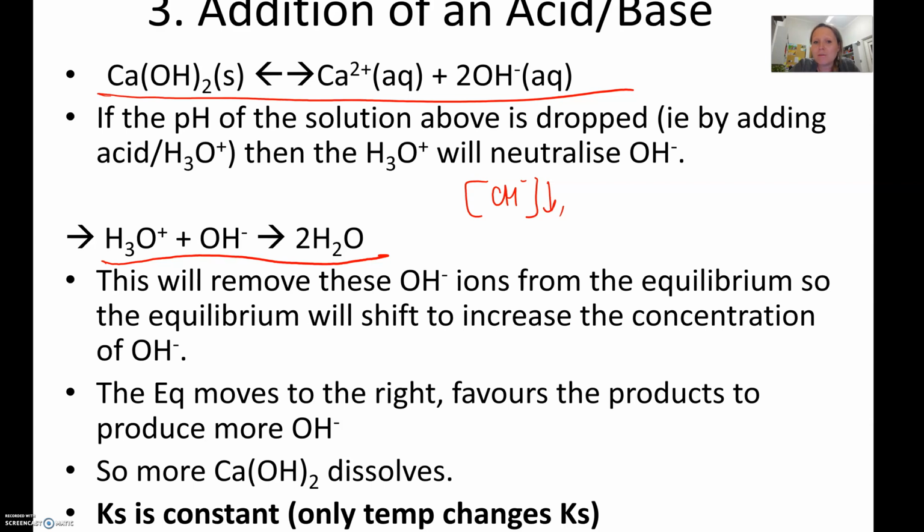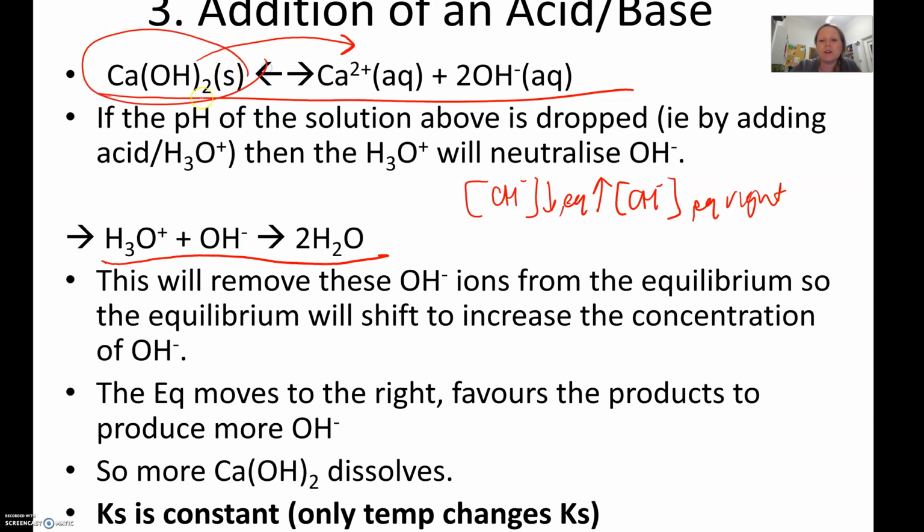That's going to remove our hydroxide ions from the equilibrium. And we know the equilibrium will shift to do the direct opposite, so it's going to shift to increase the concentration of hydroxide ions. If it's shifting to increase the hydroxide ions, it has to shift to the right to make more. So the equilibrium will shift to the right, and you're going to get more of the solid dissolving. Therefore more calcium hydroxide dissolves.